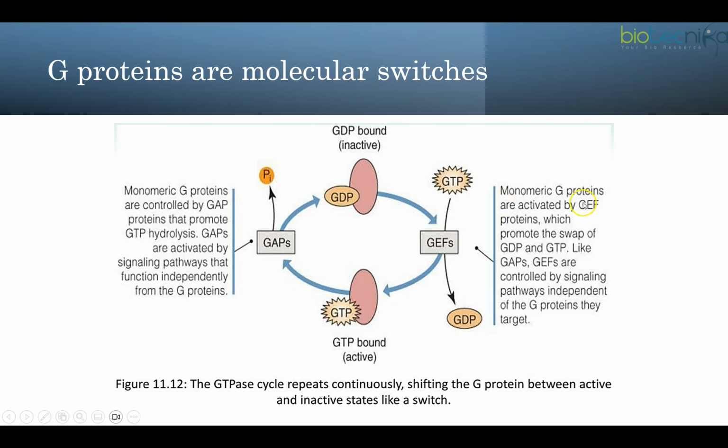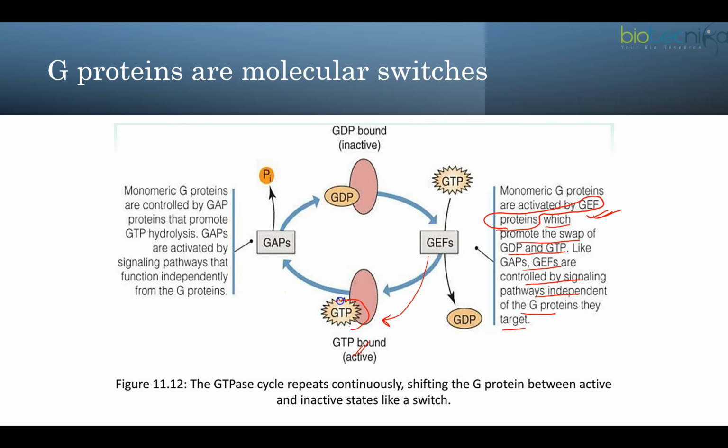So as you can see, monomeric G proteins are activated by GEF proteins. In the case of a G protein coupled receptor, the activated receptor was acting as the activating protein, which promotes the swap of GDP and GTP. So like GAPs, GEFs are controlled by signaling pathways independent of the G proteins they will target. Now once it is bound with GTP, it is active.